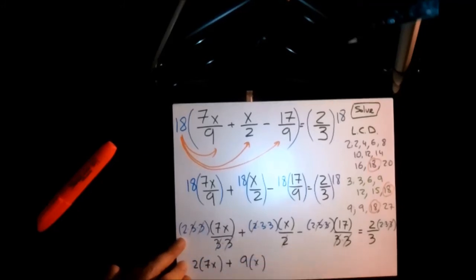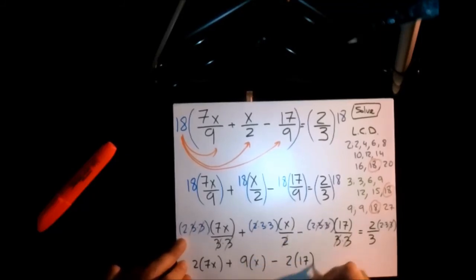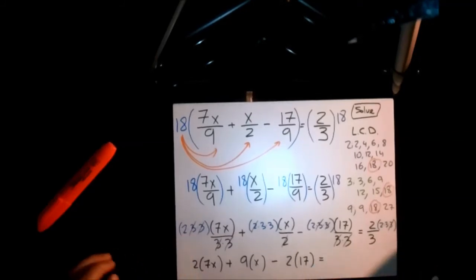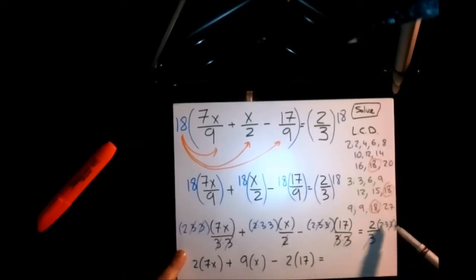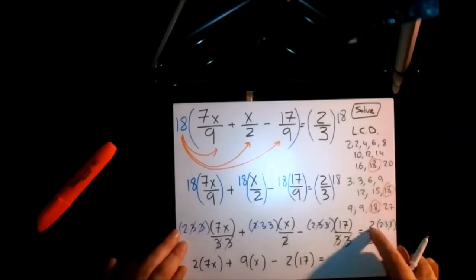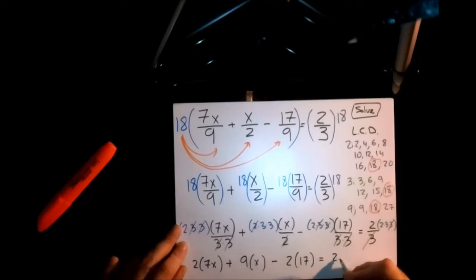Nothing on the bottom, nothing on the bottom, minus 2 times 17, nothing on the bottom, equals, oops, I forgot the 3. So 2 times, and that's 2 times 3, which is 6.